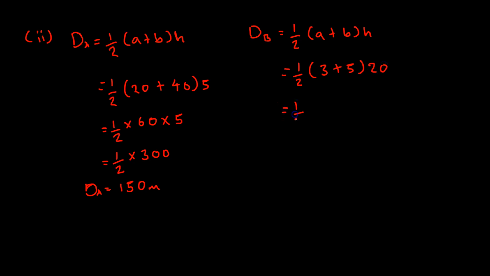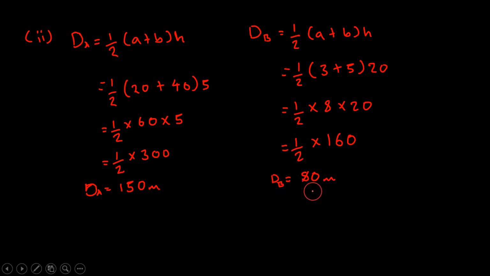So we have 1 over 2 multiplied by 3 plus 5, that is 8. 8 multiplied by 20 gives us 160. 160 divided by 2 is 80 meters. So the distance for the second part is 80 meters.